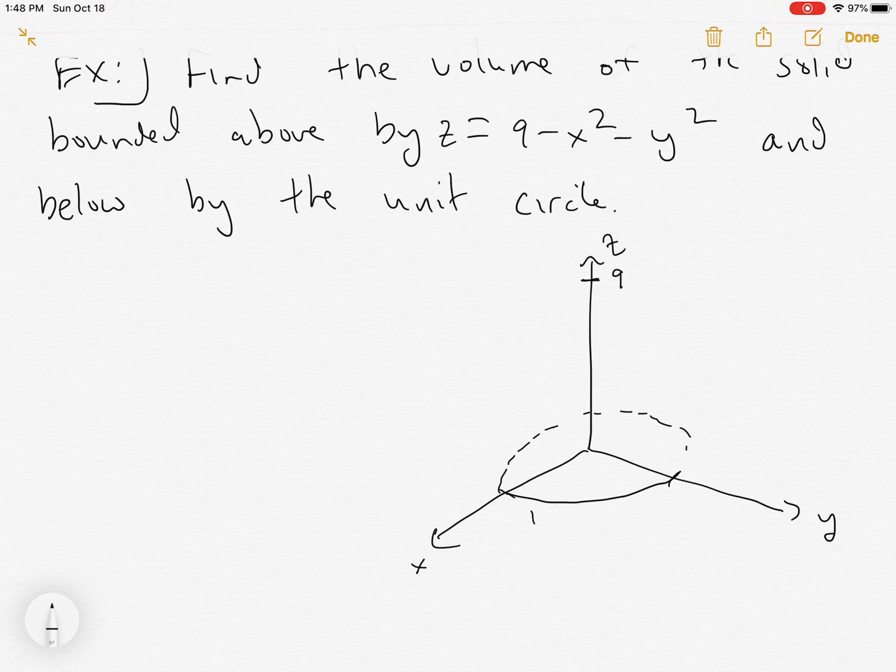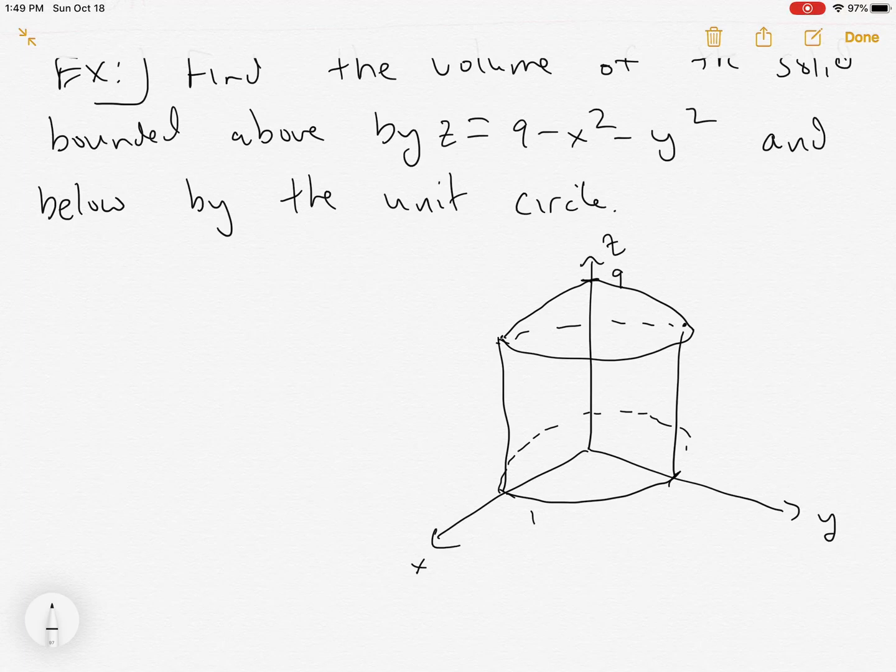When x is 0 and y is 1, z is 8. So 8 here. So something like this.